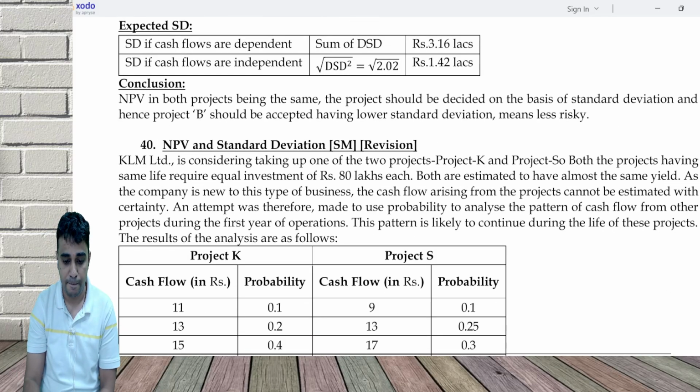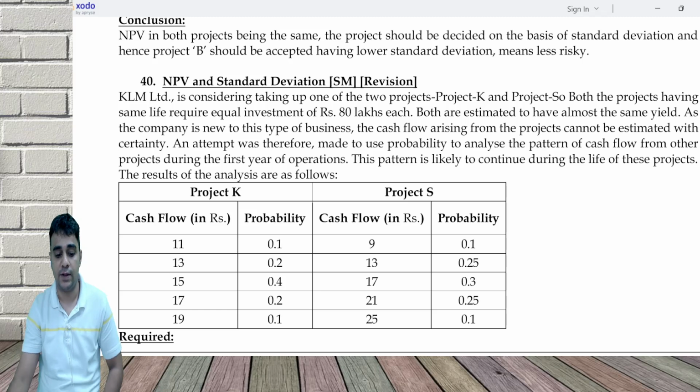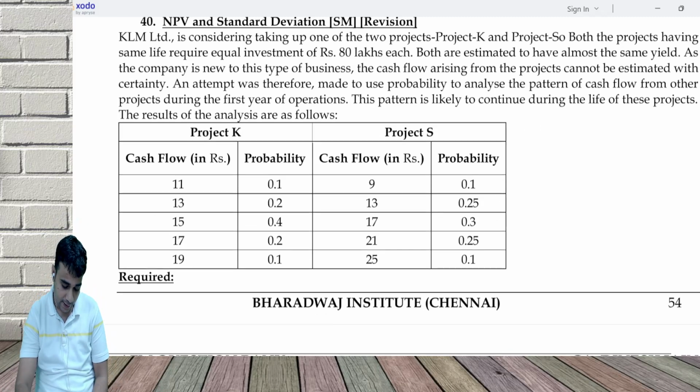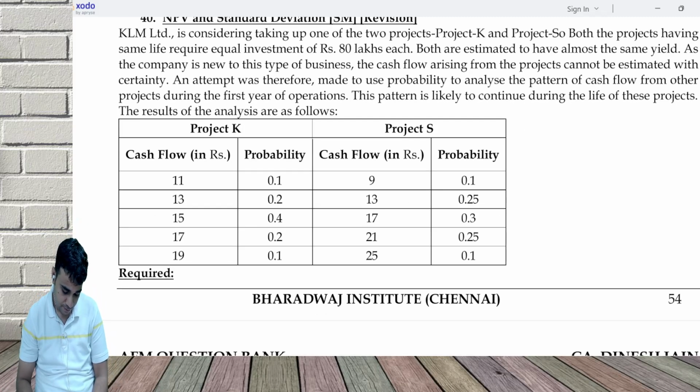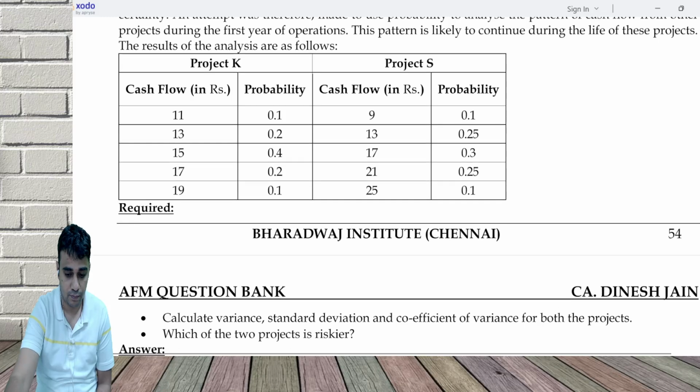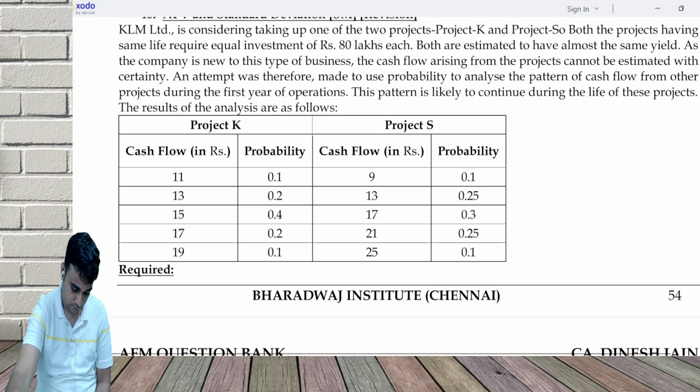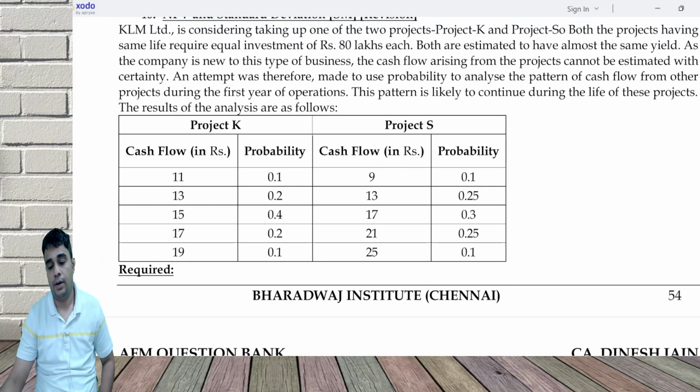Go through question 40 and tell me the approach of solving it. Read the requirement, everything, and then tell me the approach. Read it carefully.